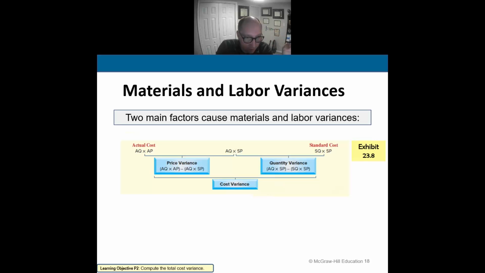With the price variance, it's the difference between the actual price and the standard price. With the quantity variance, it's the difference between the actual quantity and the standard quantity. Remember the law of common denominators here, because sometimes they'll get canceled out.